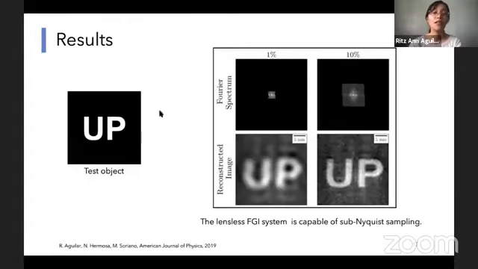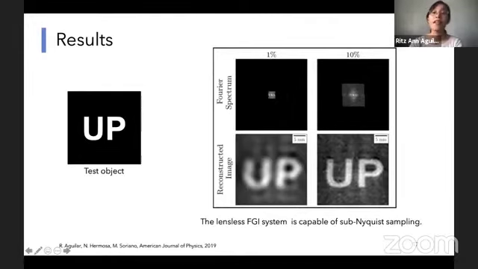So for the results, here's a sample test object, the UP1, imaged with the calibrated computational ghost imaging system, which is a very low-cost one with the use of an LDR and a commercial projector. This is the sample result that we have obtained for a 1% Fourier spectrum, and then a 10% Fourier spectrum.